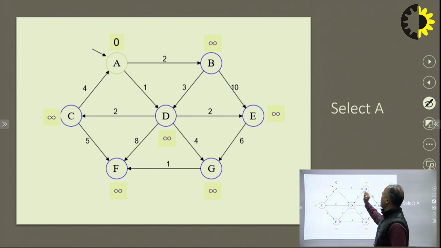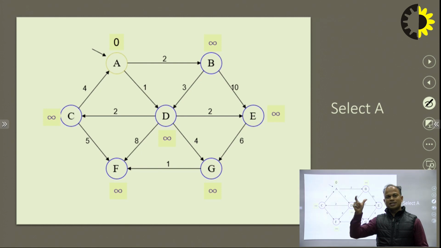From A to B, the distance is 2, from A to D, the distance is 1, from D to C, the distance is 2, from C to F, the distance is 5. So here the distances between two vertices are given, and this is the complete diagram.